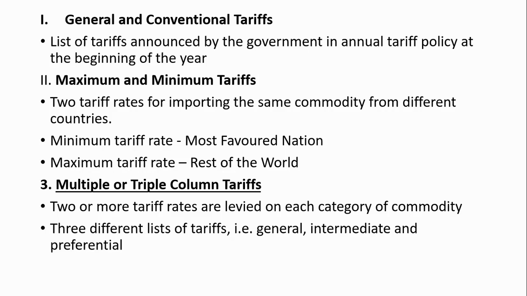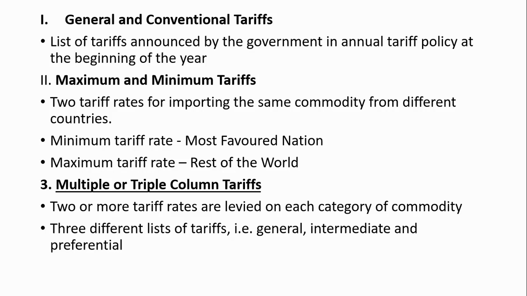And the minimum tariff is collected from the most favored nations, among whom a treaty or agreement is signed. So the minimum is collected from the most favored nation with which the treaty is signed, and the maximum rate is collected from the rest of the world or rest of the countries.